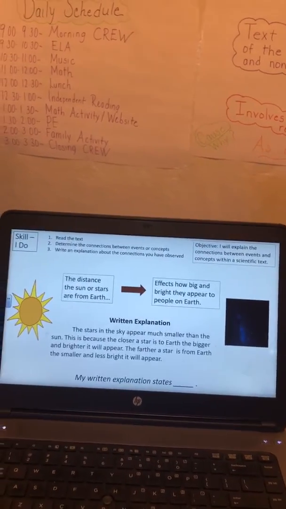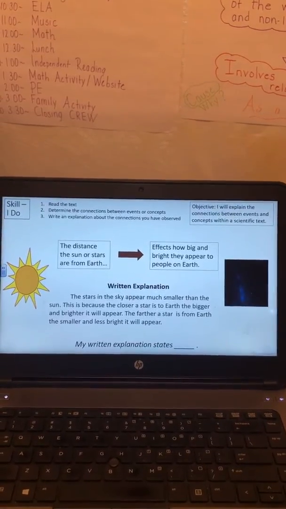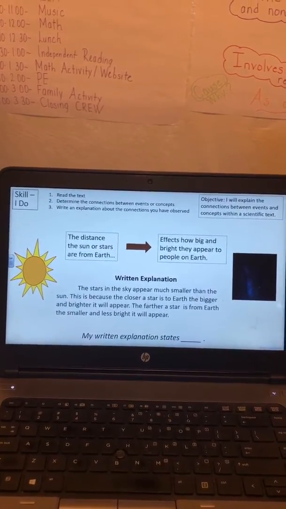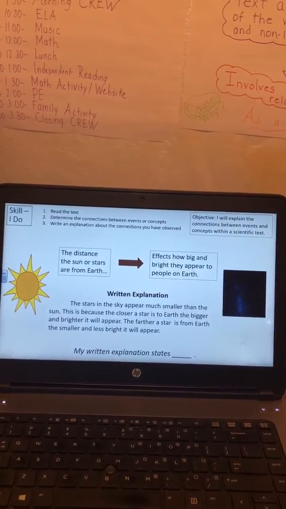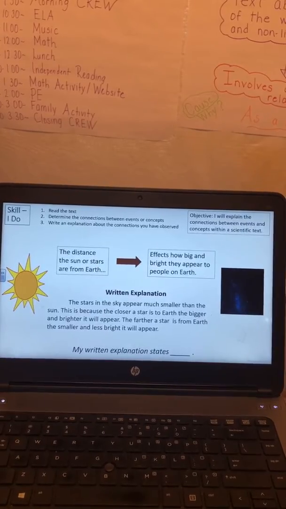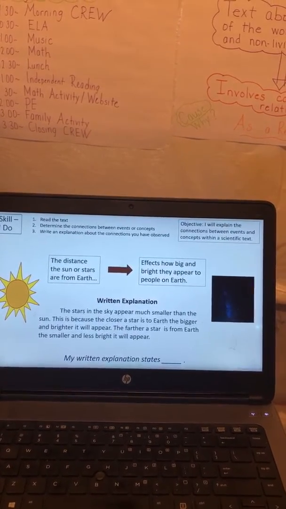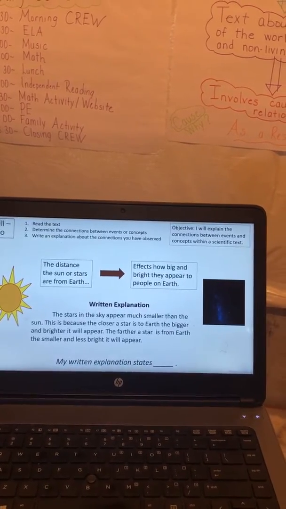Okay, and then step 3 said that we were going to write an explanation about these connections that we've observed. So it says the stars in the sky appear much smaller than the sun. This is because the closer a star is to Earth, the bigger and brighter it will appear. So that makes sense, right? The closer it is, the bigger and brighter it's going to appear to us.